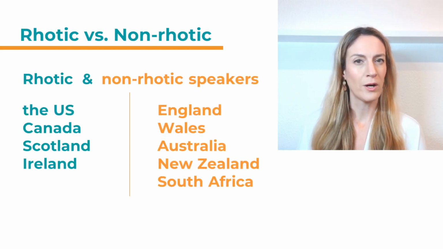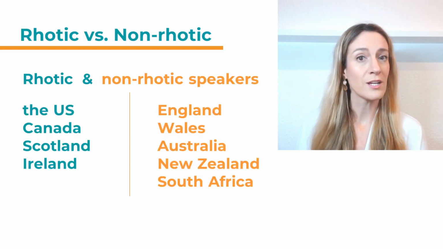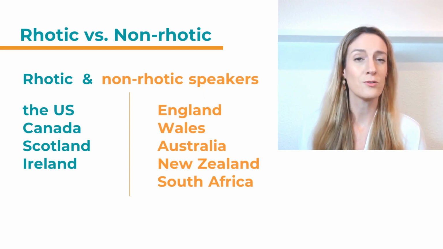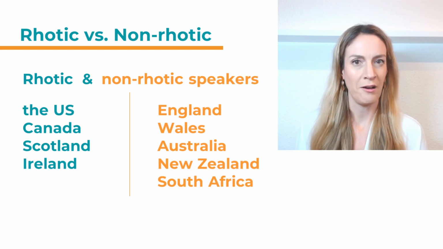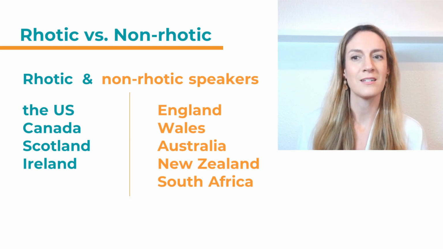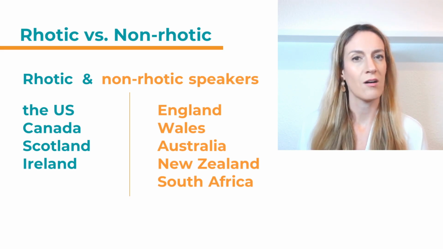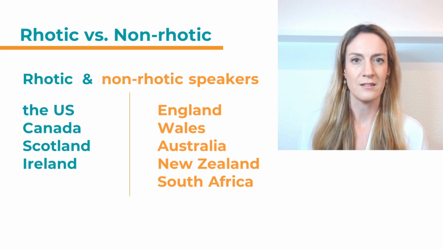Now, you probably wonder, well, where do people speak with a rhotic accent and where do people speak with a non-rhotic accent? In general, we can say that rhotic speakers are mainly in the US, Canada, Scotland, and Ireland.